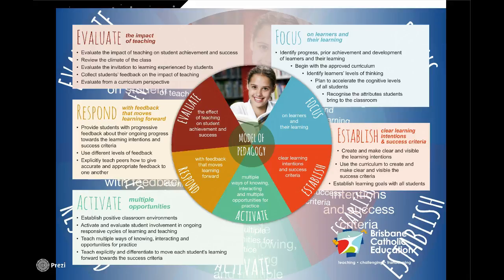We establish clear learning intentions and success criteria. Where are we going? What are we doing it for? Making sure that there's clarity in our teaching, as well as in our feedback, which of course comes shortly in respond. To activate multiple opportunities, to look at our learners and say, how can this happen? To establish those positive classroom environments. And then to respond with feedback that moves learning forward.